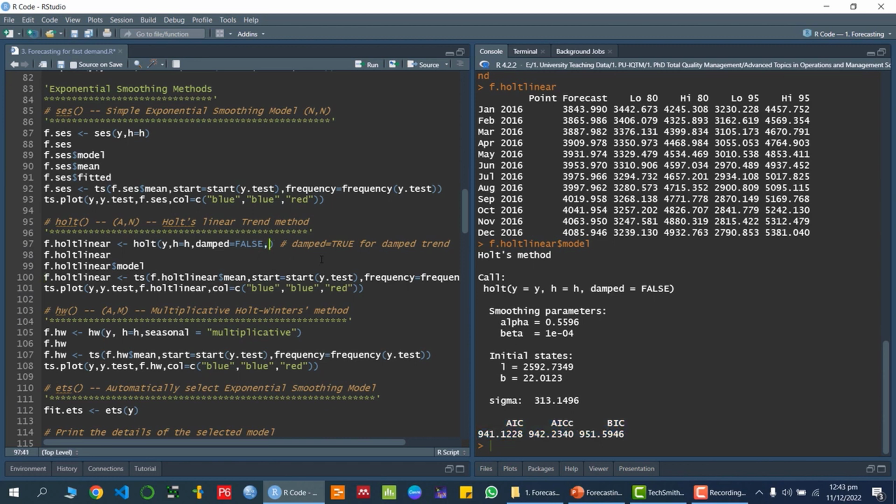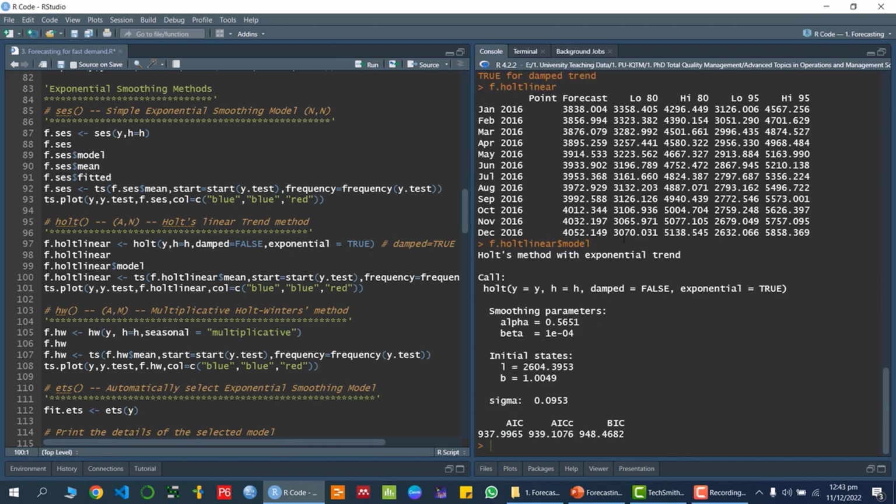Okay, let me say I want to apply Holt's exponential trend method. Then I can use damped is equal to false, and then exponential is equal to true. Okay, so now if I am running this one, we can see that this is Holt's method with exponential trend.